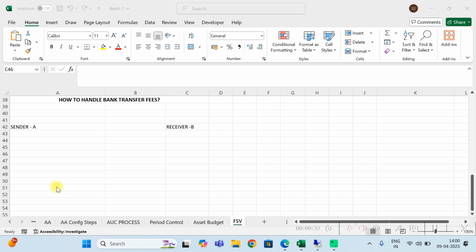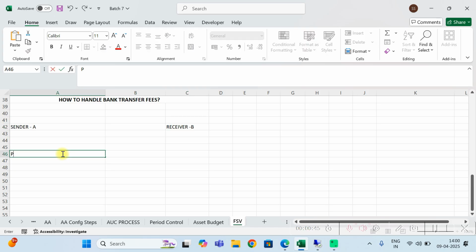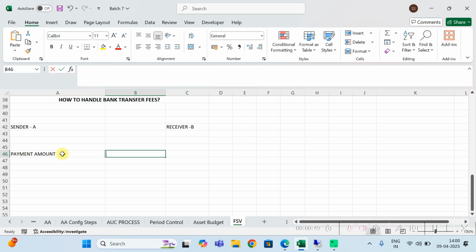So assume that sender A is sending money to receiver B. A is the sender, B is the receiver. And the payment amount is, for example, USD 100.